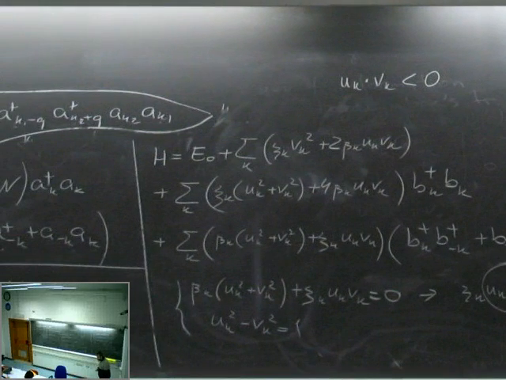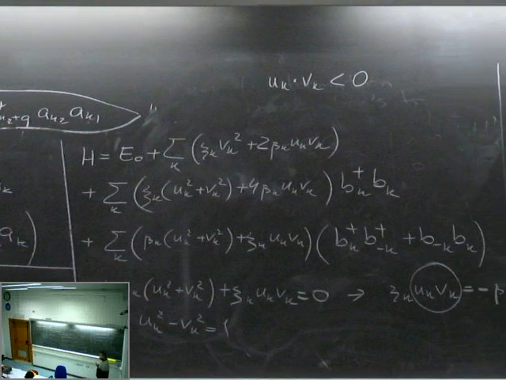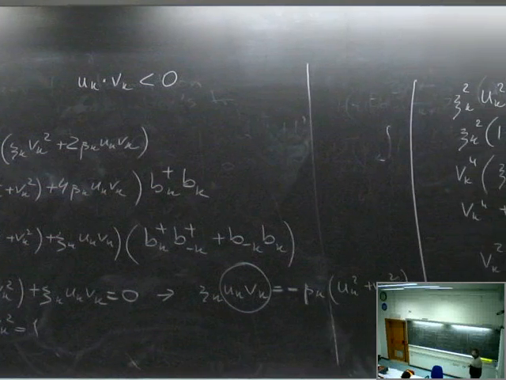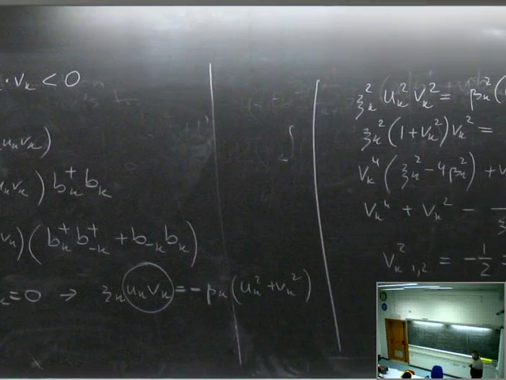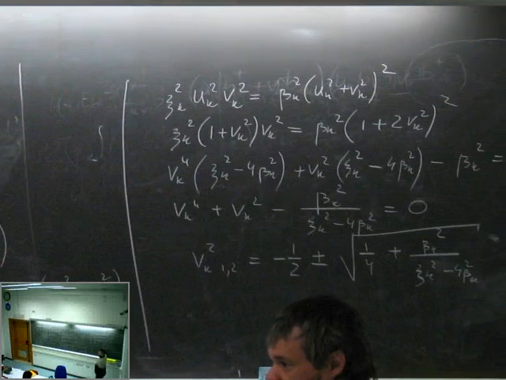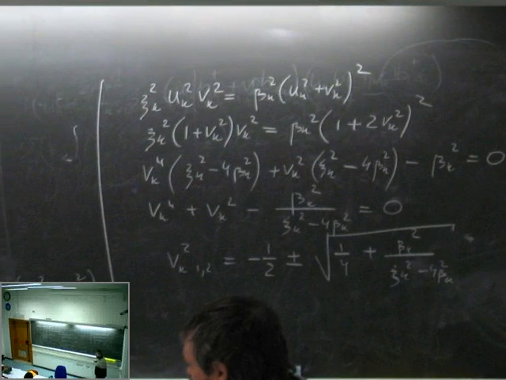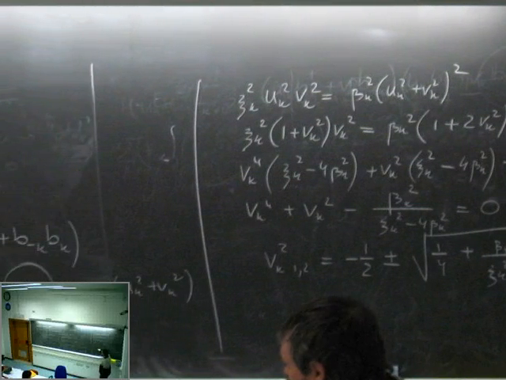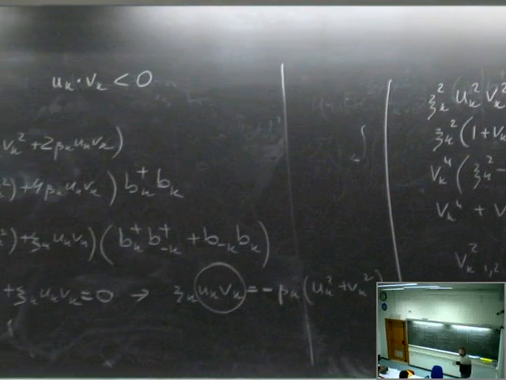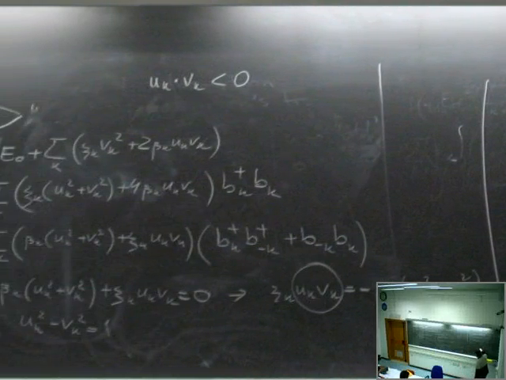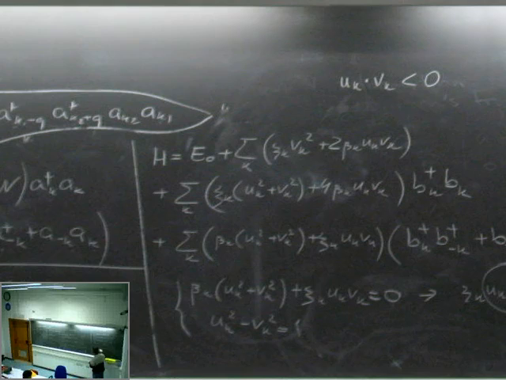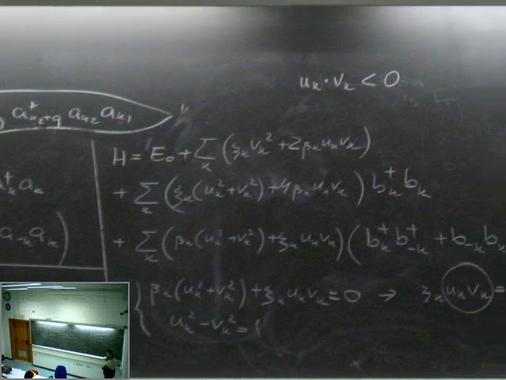I have two roots, but remember, I said that these functions, namely uk and vk, should be real functions. Therefore, I'm not allowed to take the minus sign. Out of two roots, one is unphysical, because if I take the minus sign, vk square will be negative, and therefore it's in contradiction with my previous assumption. So out of two roots, I select the physical one, and I put plus.